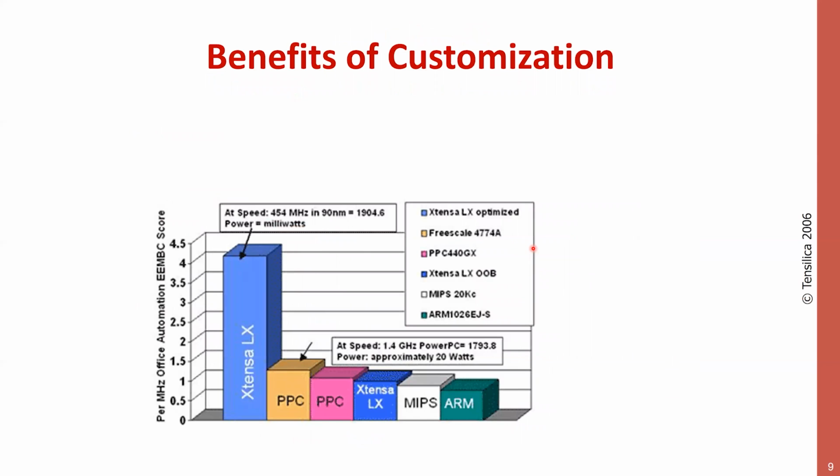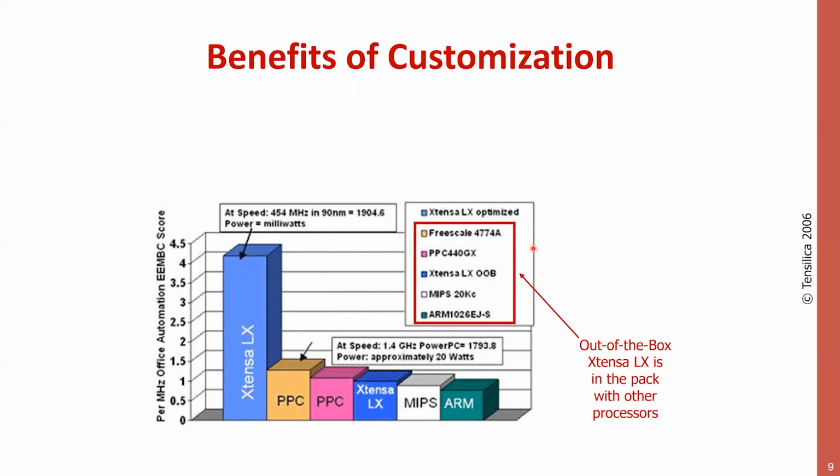This is a marketing slide, but it's interesting to see a bit the idea, right? It is what I said before, starting to get the performance without paying the price. Here you have a bunch of out-of-the-box processors, or processors that are not configurable, from Freescale, from PowerPC, probably from IBM or Motorola, I don't know, MIPS, ARM, and the Xtensa itself, but out of the box as it comes standard.